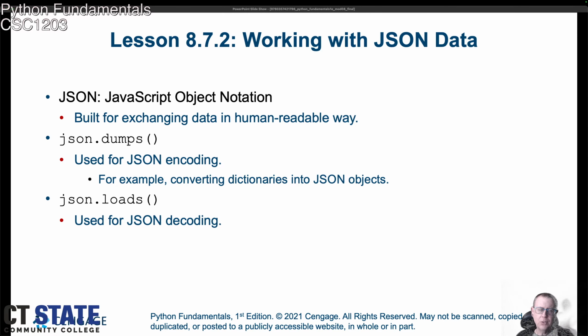JSON is also good. Like I said, it's what a lot of APIs use. And there's json.dumps for encoding, and json.loads for decoding. It's dumps and loads. It's for converting a string one way or the other.